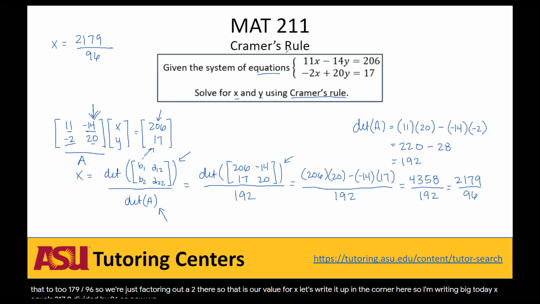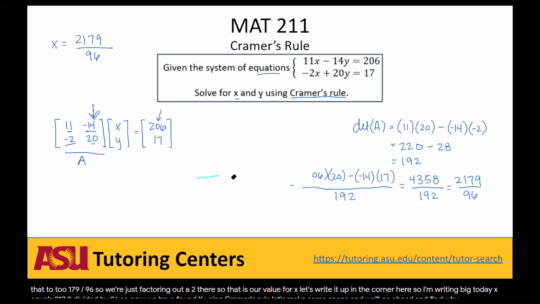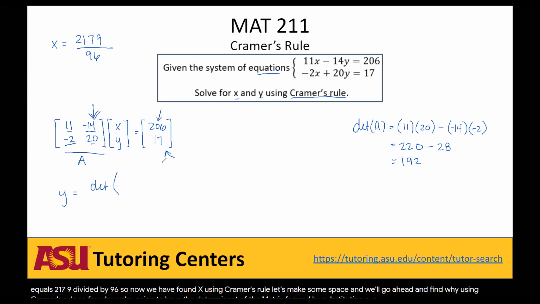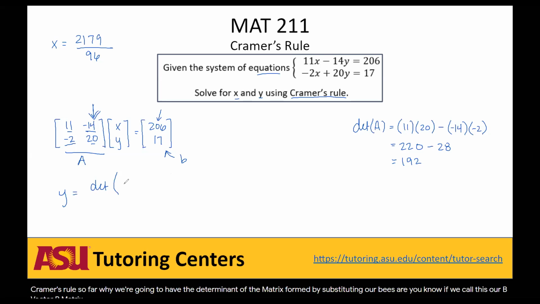Now that we have found x using Cramer's rule, let's make some space and find y using Cramer's rule. For our y, we're going to have the determinant of the matrix formed by substituting our b's, if we call this our b vector, in for the column representing our y coefficients.